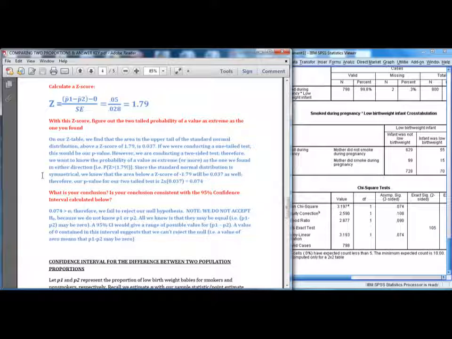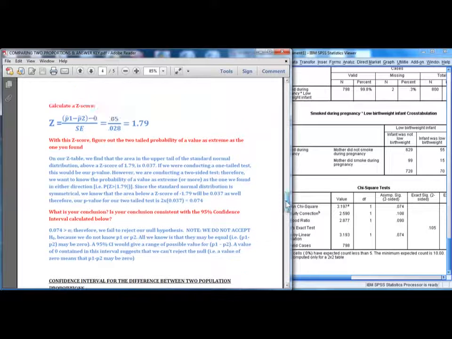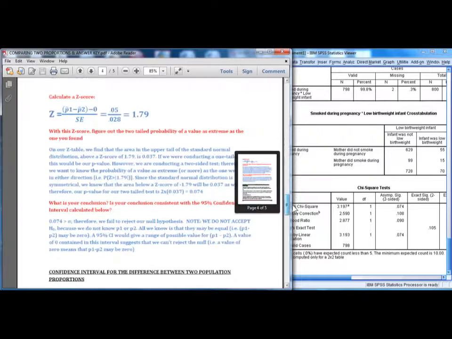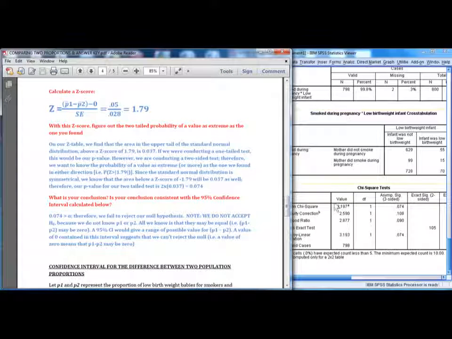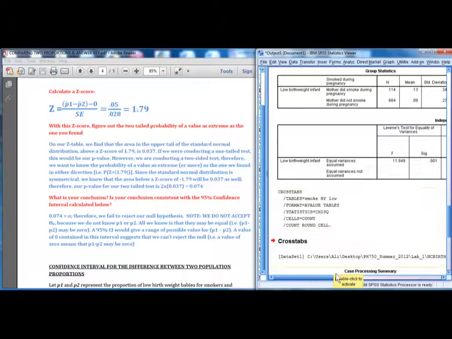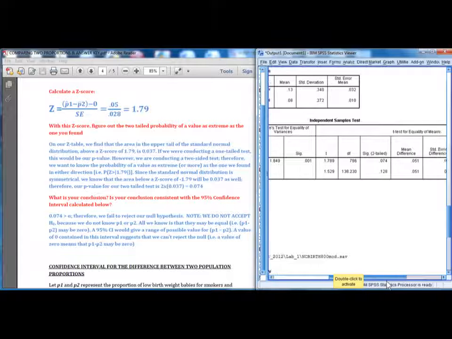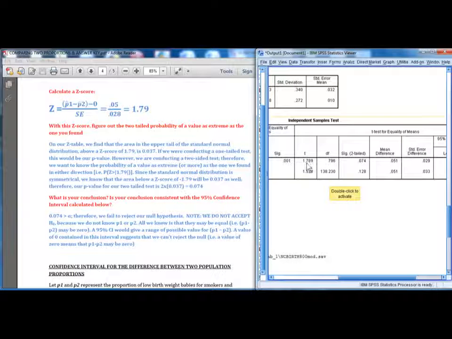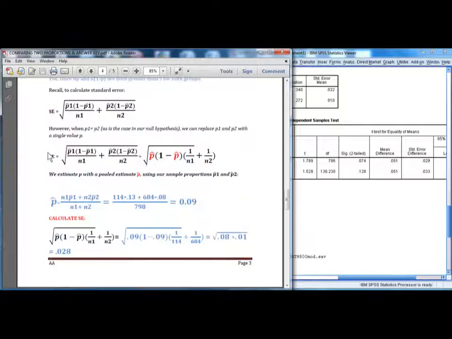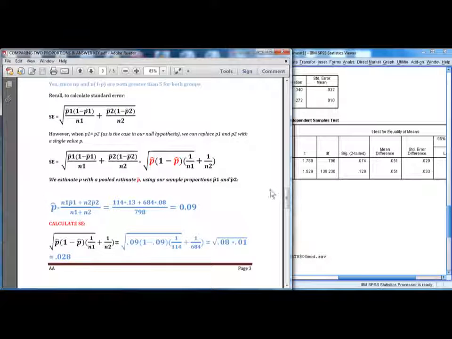So the z-score here, as you can see, 1.79, is the same as SPSS obtained. Let's go to our output here. Okay, we see here our output 1.79, the same value which we calculated by hand here.